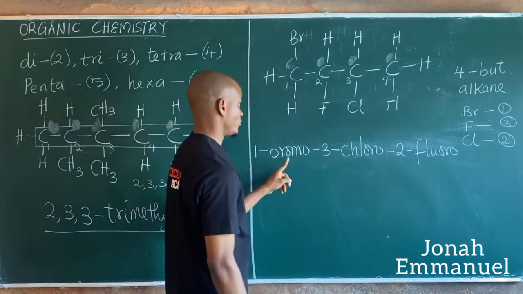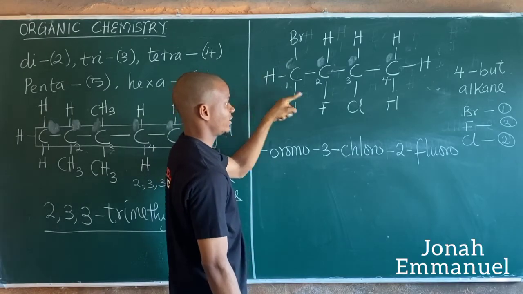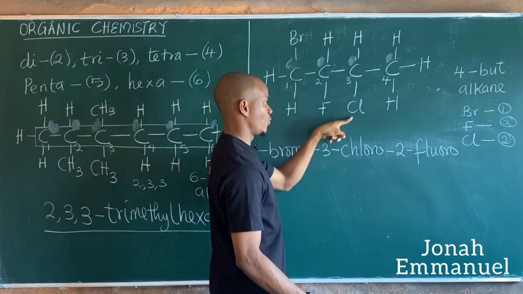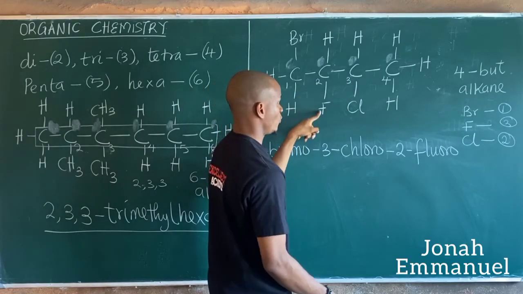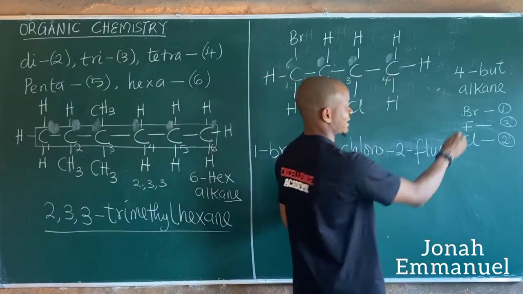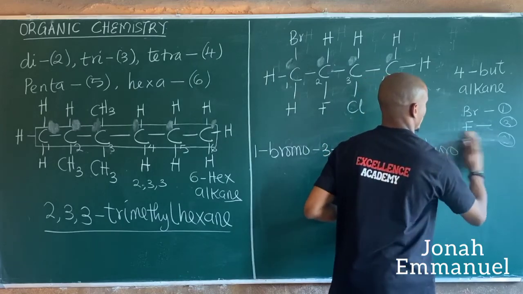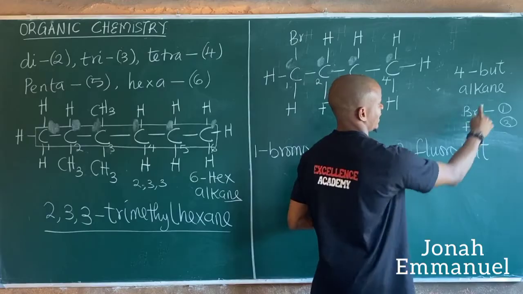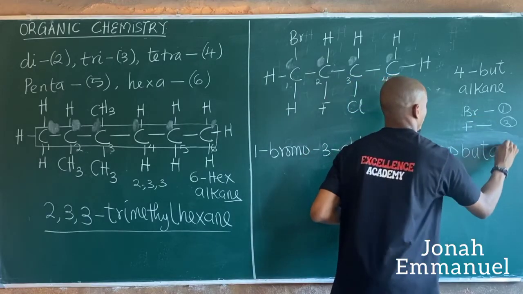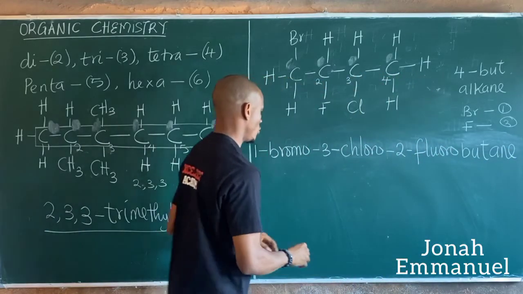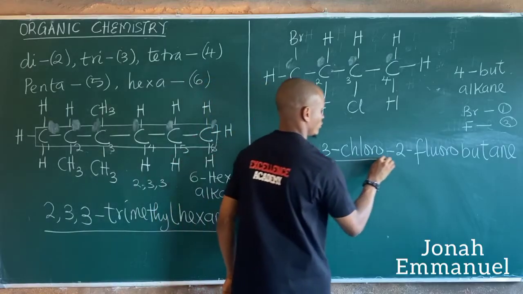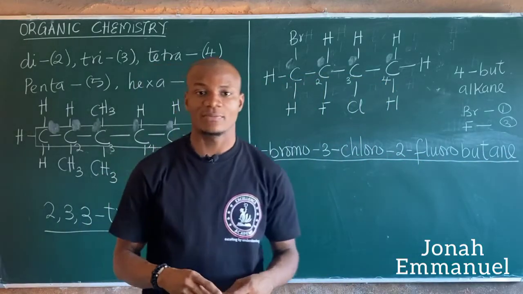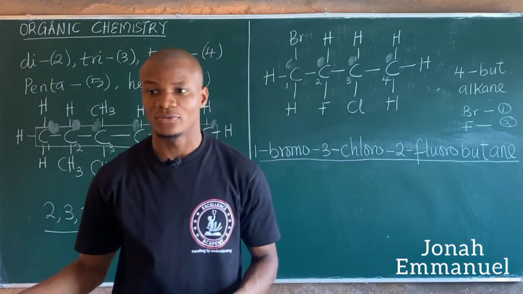So this is 1-bromo, bromine at carbon 1. From alphabetical order, chlorine next, so it becomes 3-chloro, and then 2-fluoro. 1, 2, 3, 4 carbons is but, so it becomes but. Finally, it's an alkane, so I have butane. So this compound is called 1-bromo-3-chloro-2-fluorobutane. That's the name of this compound.